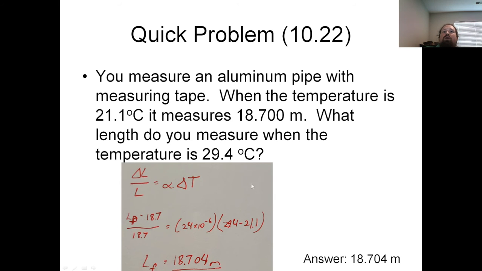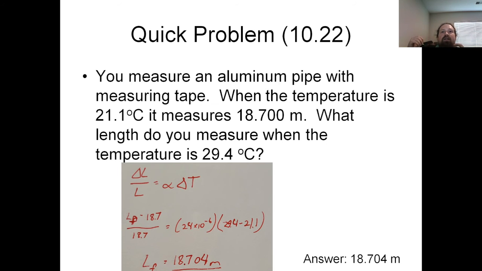So to work this question, we're going to want to consult our formula for linear thermal expansion. Delta L over original L equals alpha times change in temperature. Now, delta anything, general rule for all physics and math, delta anything is always final minus initial.